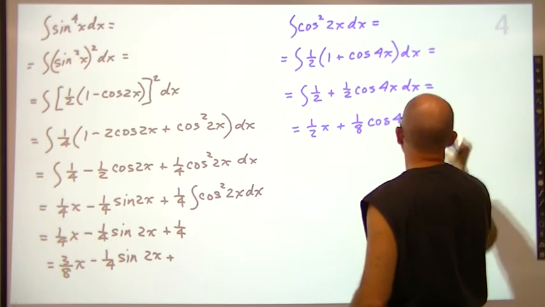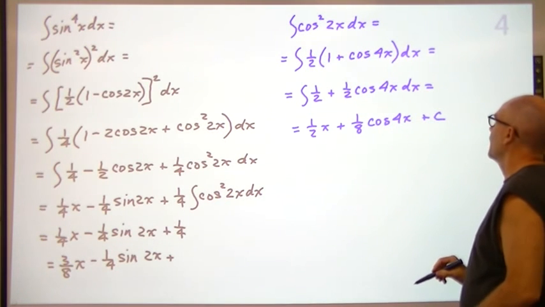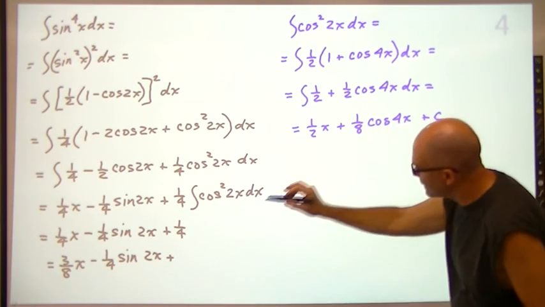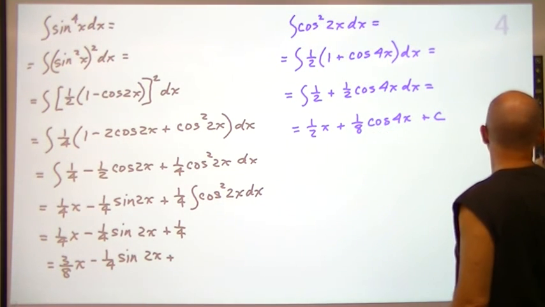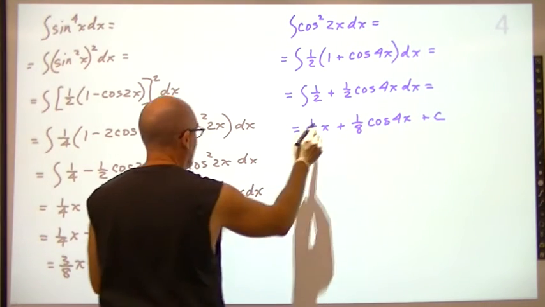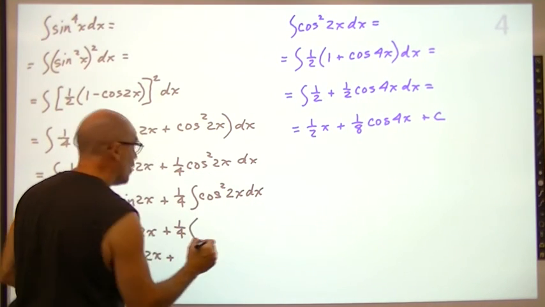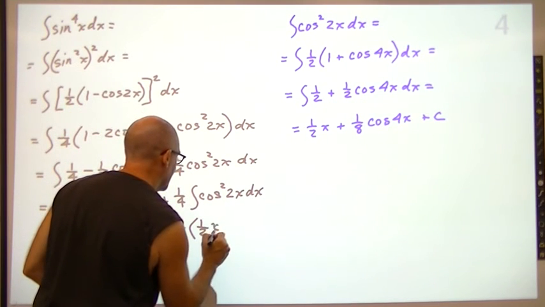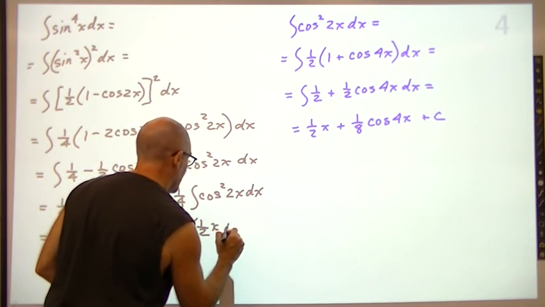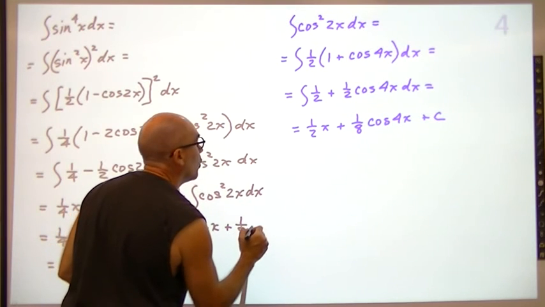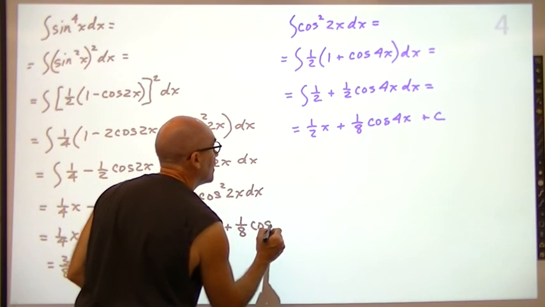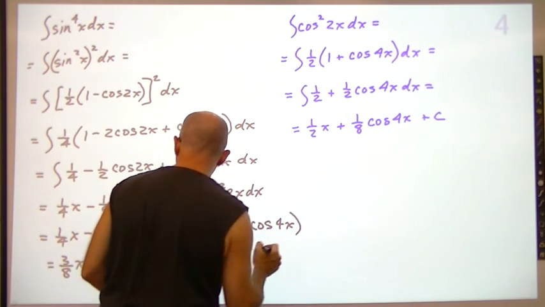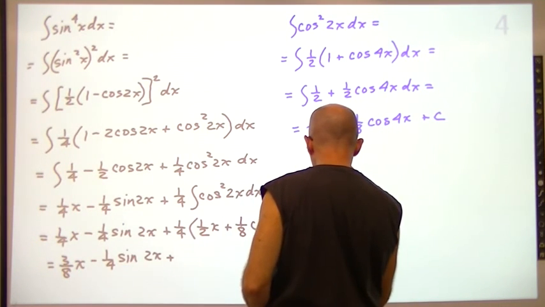And then plus c. So now we put that back in here. So it's 1/4 times all that I just integrated. So 1/2 x plus 1/8 sine 4x. And we'll put our plus c at the very end here.